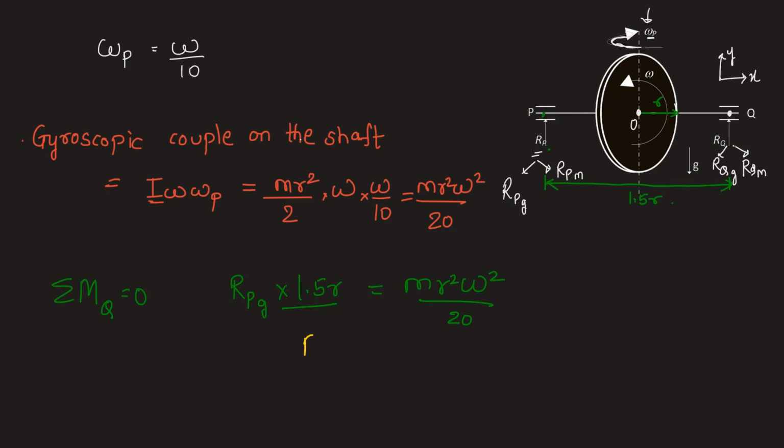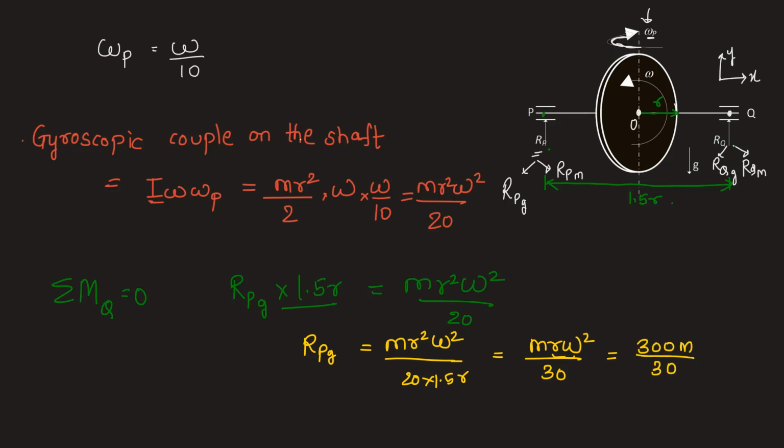Just rearranging to find out Rpg, we will have Rpg equal to m r square omega square by 20 into 1.5r. This is nothing but m r omega square by 30. Let's put the values. r omega square is altogether given to be 300, into m divided by 30. So this is nothing but 10 times m. We have the value of Rpg.